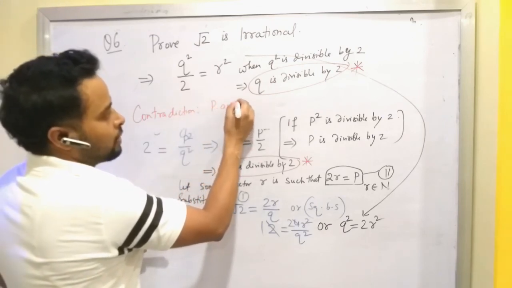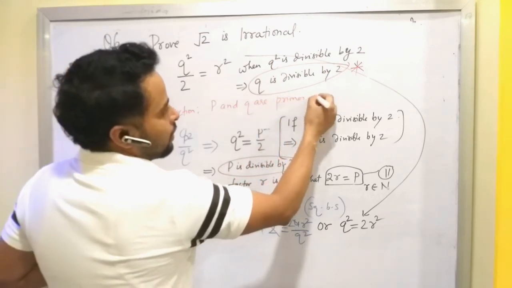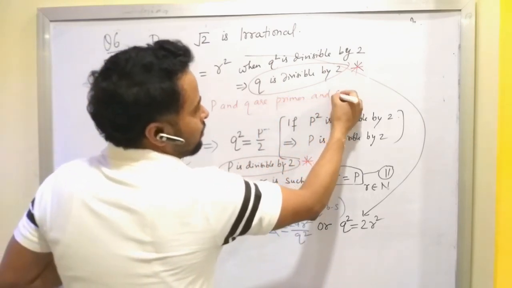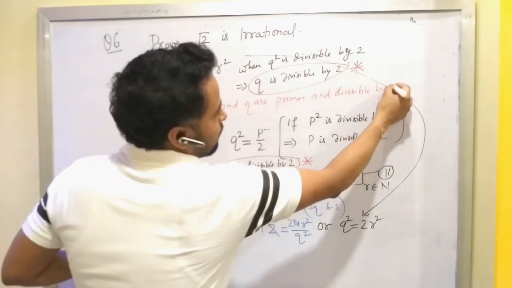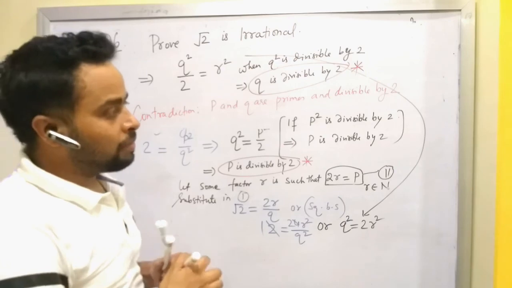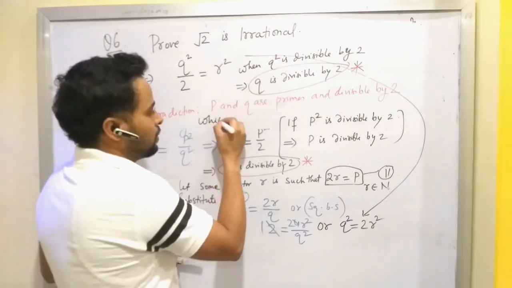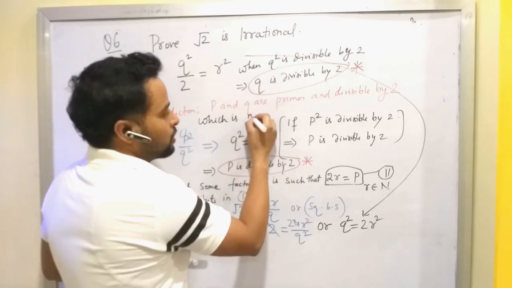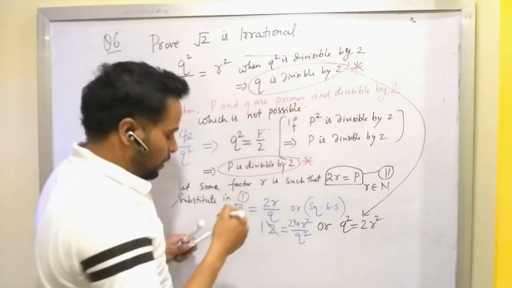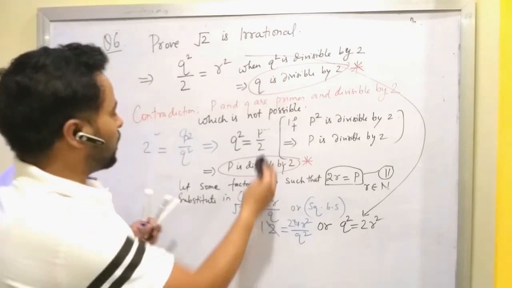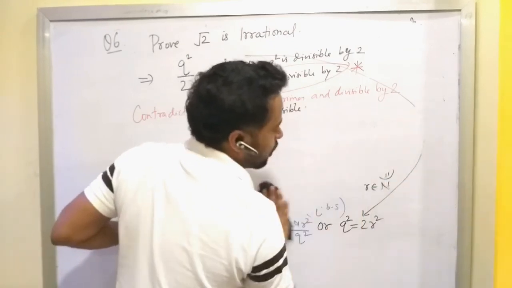P and Q are primes and divisible by 2, which is not possible.